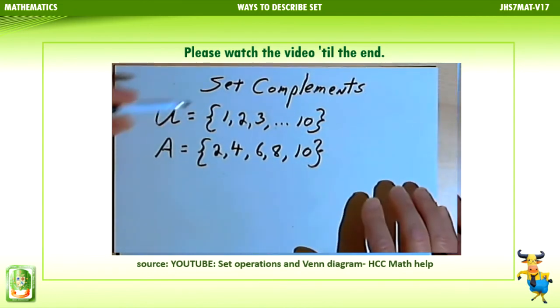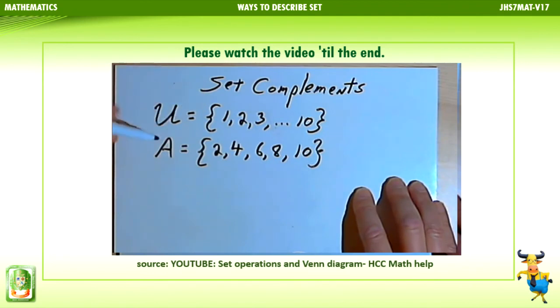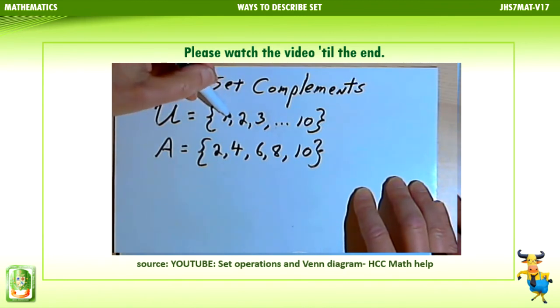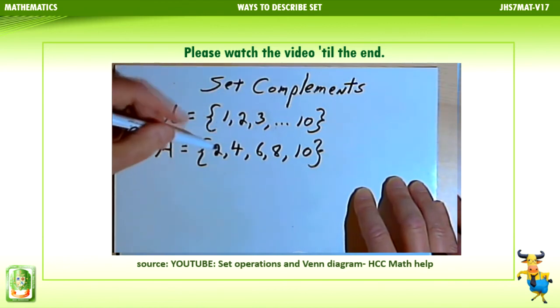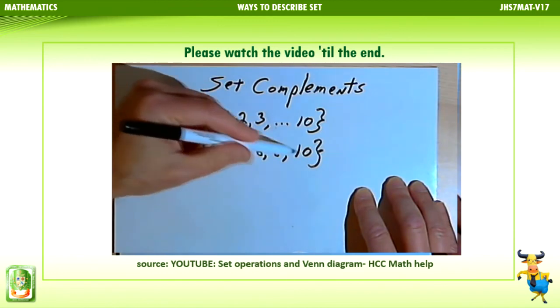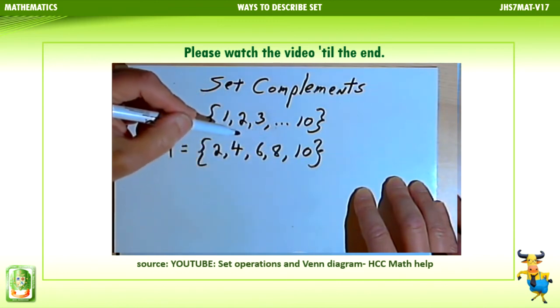I talked about this a little bit in a different video. Let's review this. So if I have a universal set, let's say my universal set is going to consist of the numbers from 1 to 10. And then I have set A. Set A is going to consist of 2, 4, 6, 8, and 10, so just the even numbers.